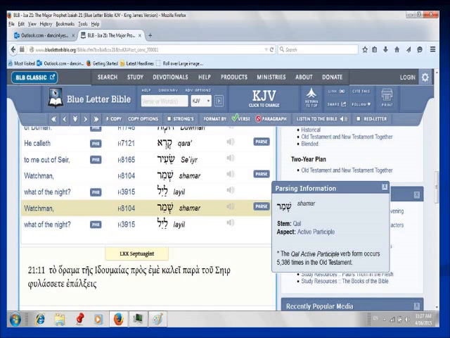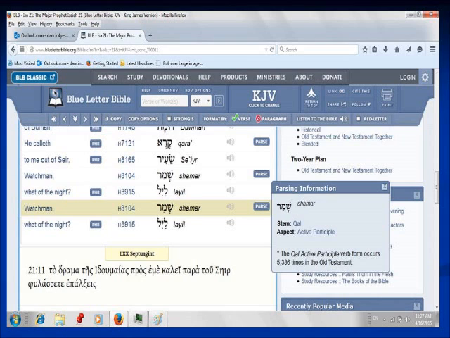And we can see that it's translated here as watchmen. It tells us the Strong's number, 8104. It shows us the Hebrew, the transliteration, shamar. This is for the root, not how it's used in the sentence. In the actual scripture, it says shomer.